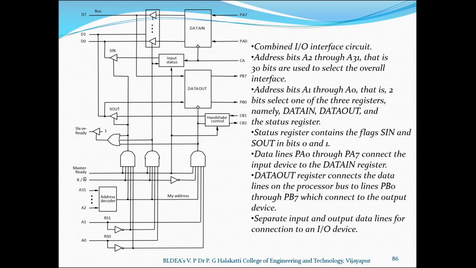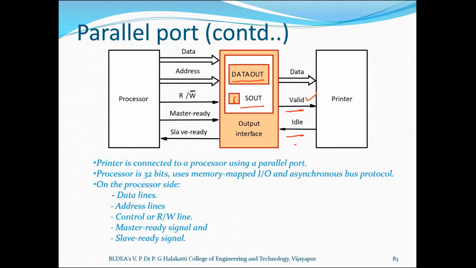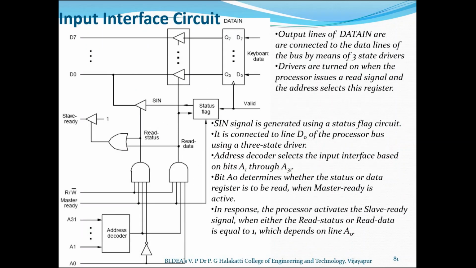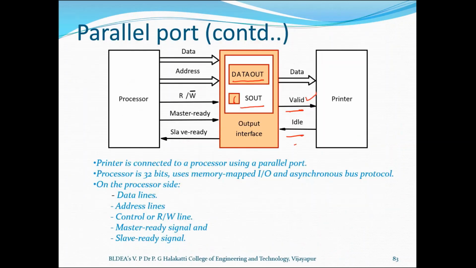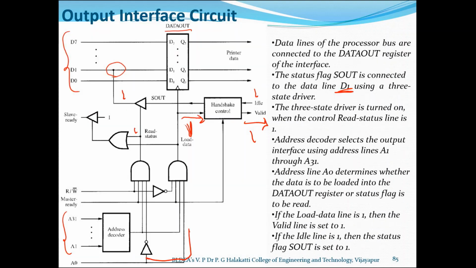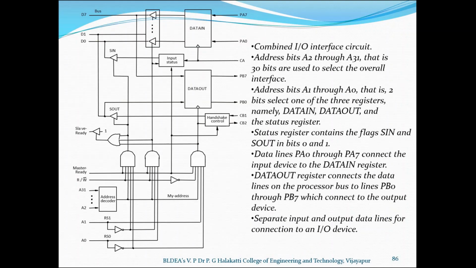Now we have here a combined input-output interface circuit, that is for the parallel interface, wherein input and output both are shown. The diagram we saw previously was for input and this one was for output. It is a combined diagram for parallel interface, input and output.